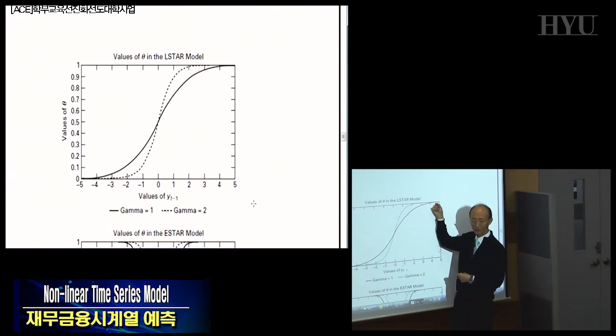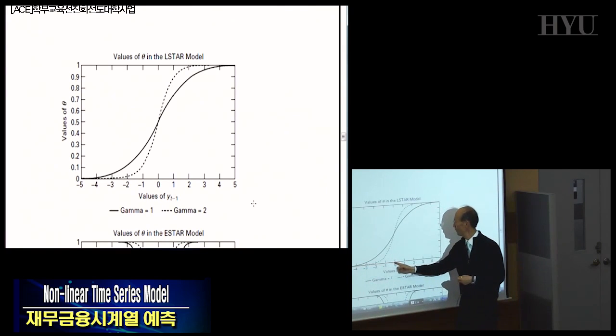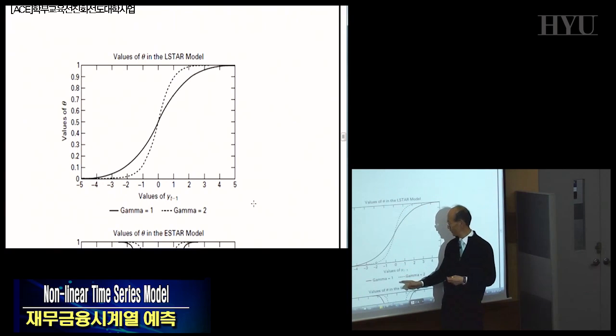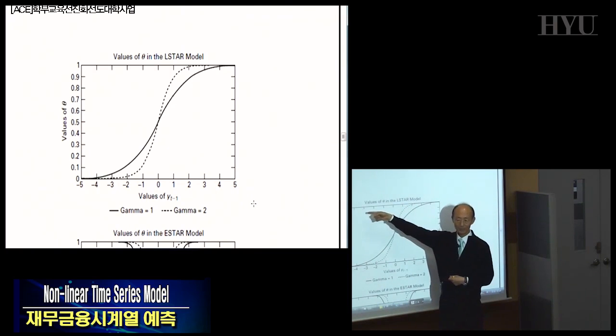And then there. The extreme case could be this one. In that case, depending upon whether the previous value is negative or positive, function f has value 0 or 1. That's the extreme case.